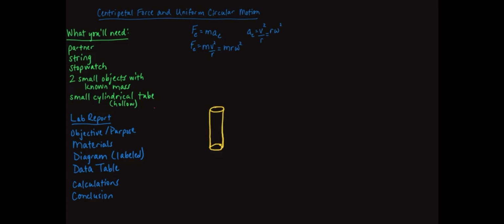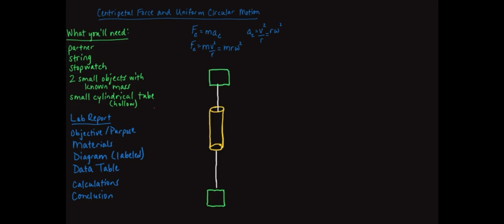So the first thing you're going to do, you're going to get your cylindrical tube and your string, and you are going to place the string through the tube. Then you're going to take your two masses that you have chosen, and you are going to attach or tie each one to the string. One at the bottom and one here at the top.